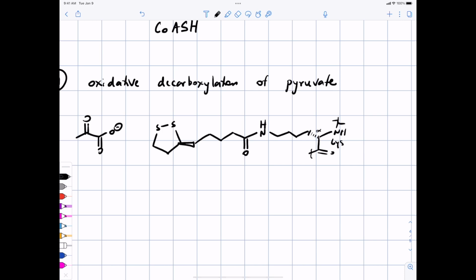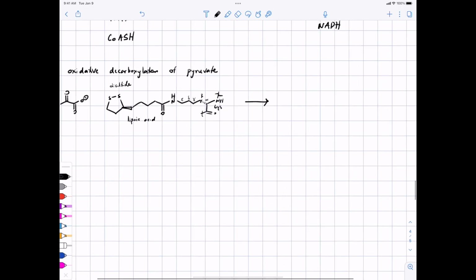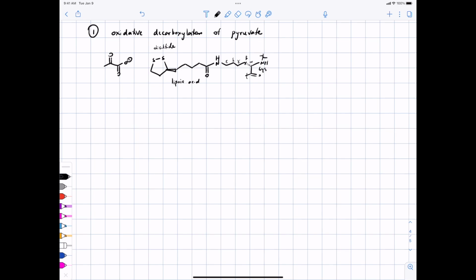So this is a lysine side chain, alpha, beta, gamma, delta, epsilon. This is lipoic acid, and the business end of lipoic acid is this disulfide. And the enzyme is going to... so those are the 2 players.